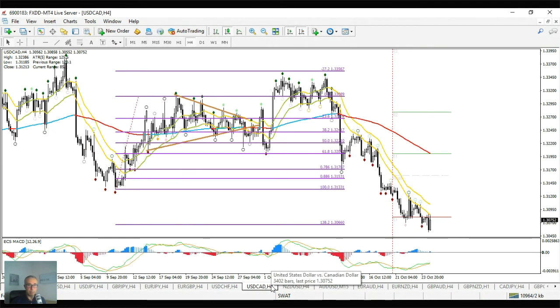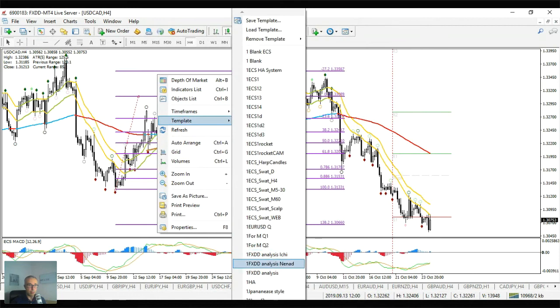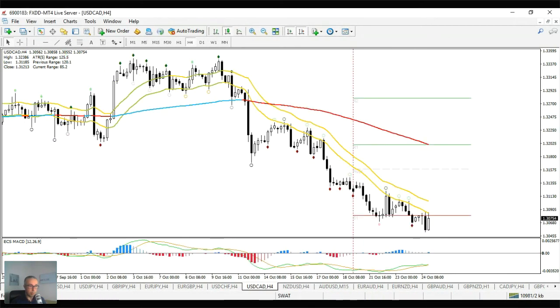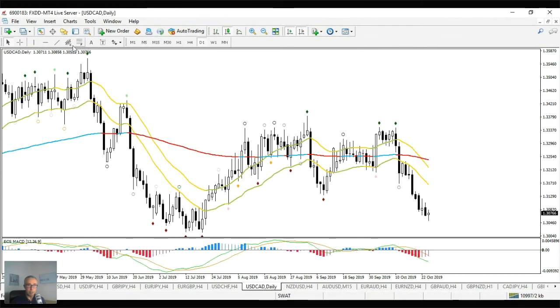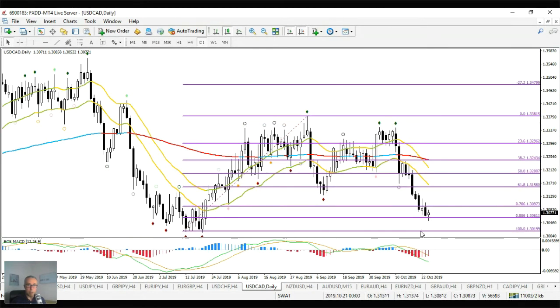Dollar CAD. Let me renew this template. Is something that Ali wanted to take a look at. Let's see. I like the long idea indeed. Putting a fib from here to here. 88.6 fib bounce.